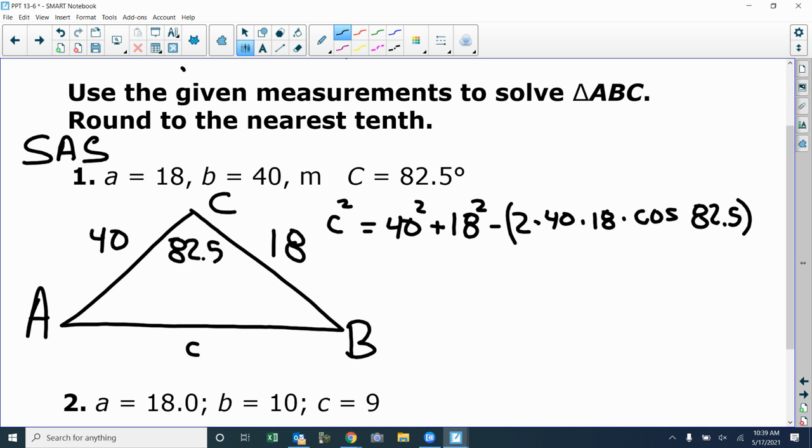Don't know though. 41.7. 41.7, anybody else getting close? Yeah. Around there.